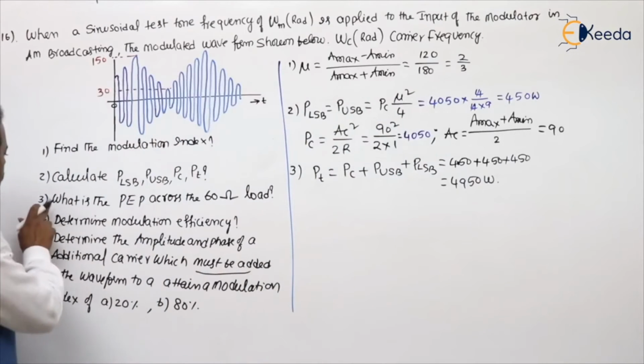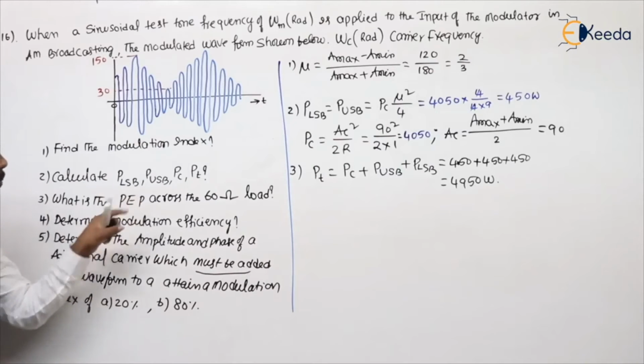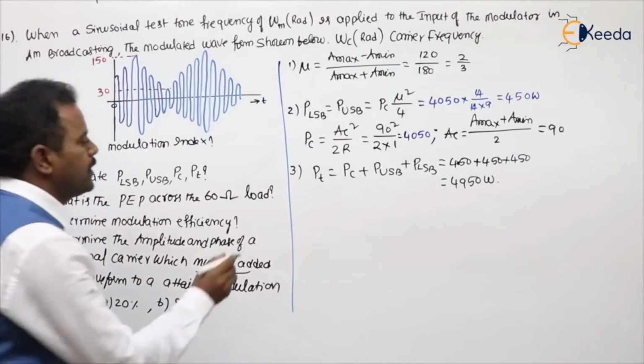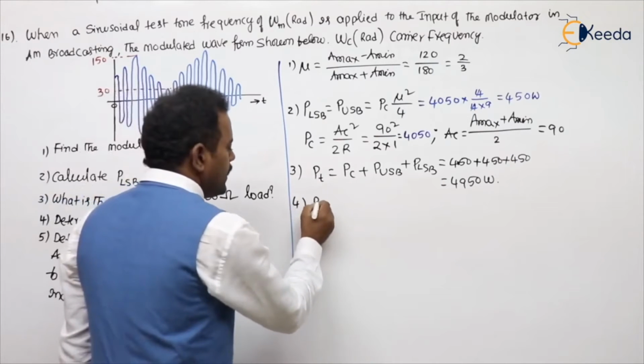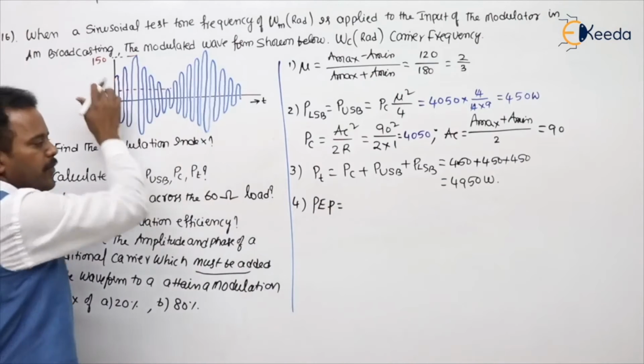Next, see the third problem. What is the PEP? Peak envelope power across the 60 ohm load. I can say directly the peak envelope power is based on the peak value, which is 150.